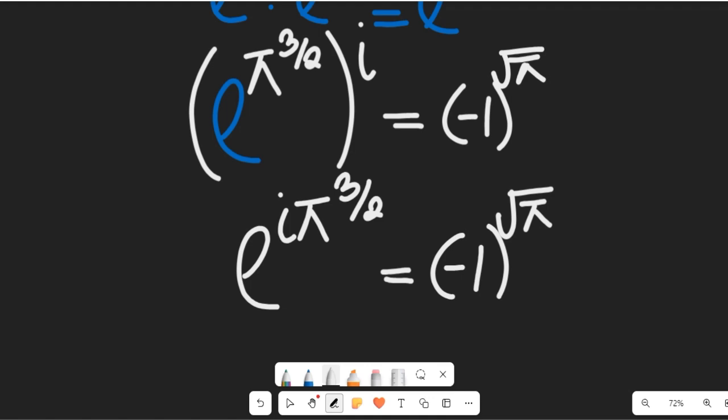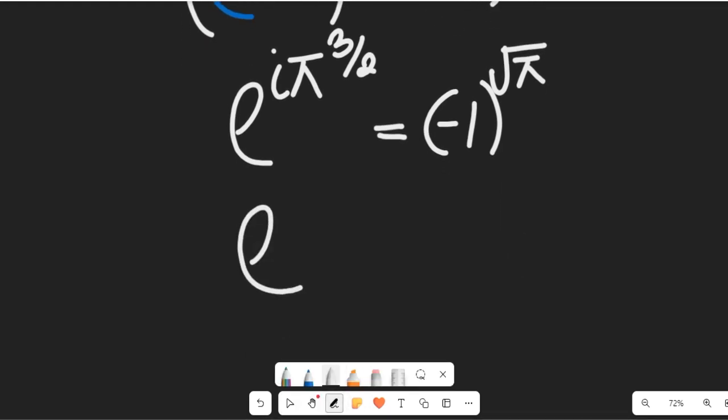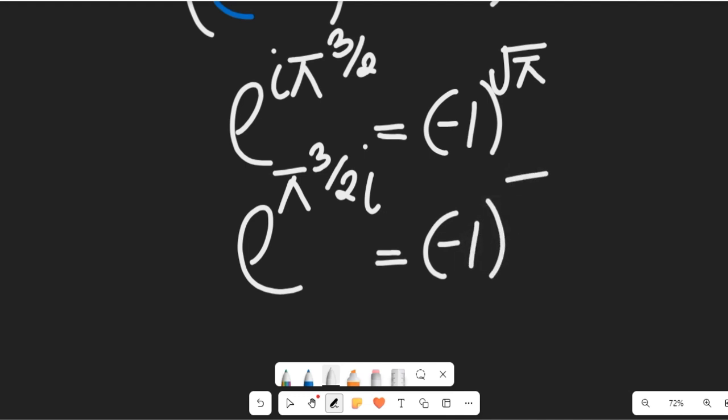So however I put this expression, this is exactly what this can give me. So this can still be equal to the exponent value of pi to the power of 3 divided by 2 multiplied by i, and this is the value of negative 1 to the square root of pi. So look at this value very well.